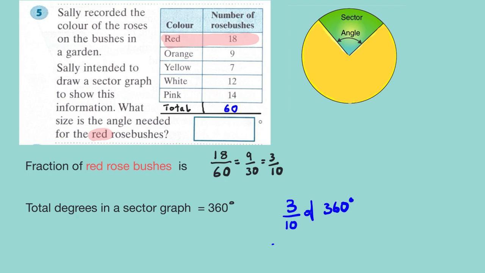So this is written as 3 over 10 multiplied by 360, and we can cross out the 0 on the top and the bottom, and all we're left with is 3 times 36, and 3 times 36 ends up being 108 degrees. So our answer is 108, and degrees is already written there.